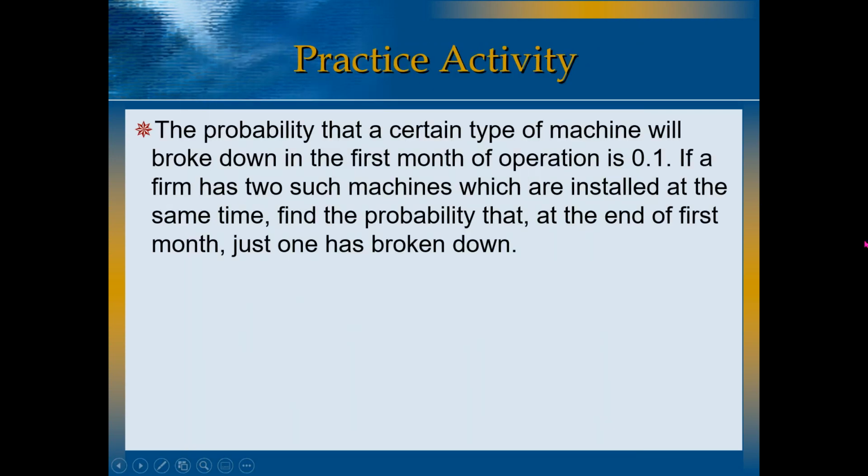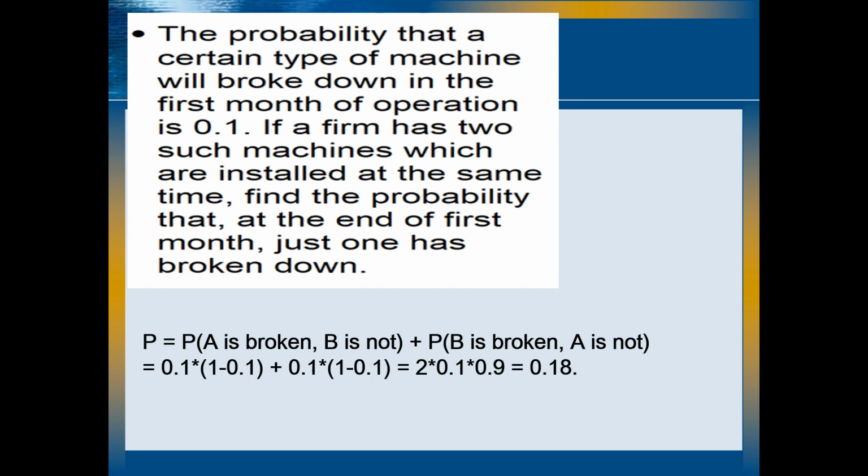Another question, let's say the probability that a certain type of machine will break down in the first month of operation is 0.1. If a firm has two such machines which are installed at the same time, find the probability that at the end of the first month just one has broken down.